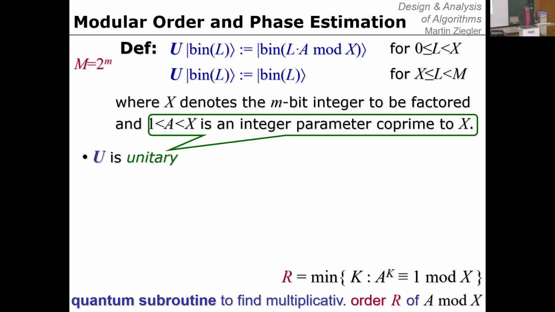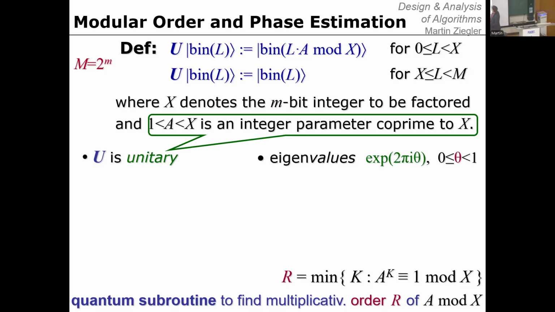It is unitary because of our hypothesis, as it occurred as an invariant in Shor's algorithm, that a and x are coprime. This is crucial. Since a and x are coprime, U is a unitary transform. But it's an exponential size unitary transform, right? It happens on m qubit states.